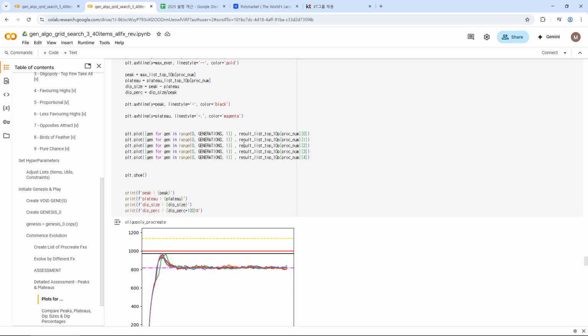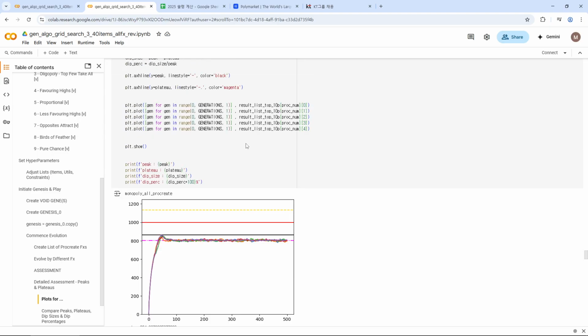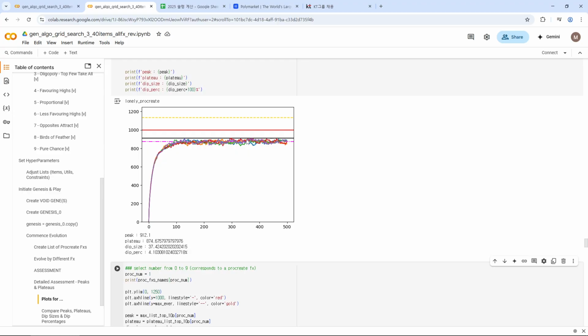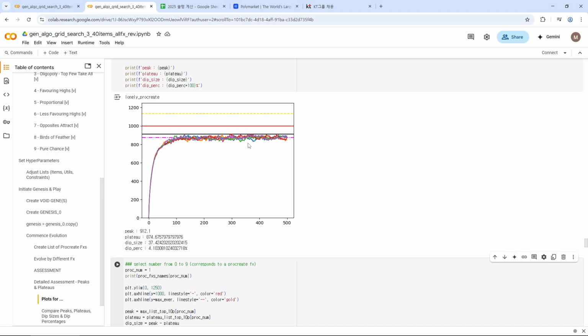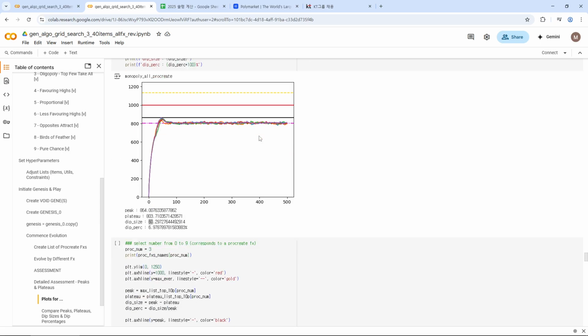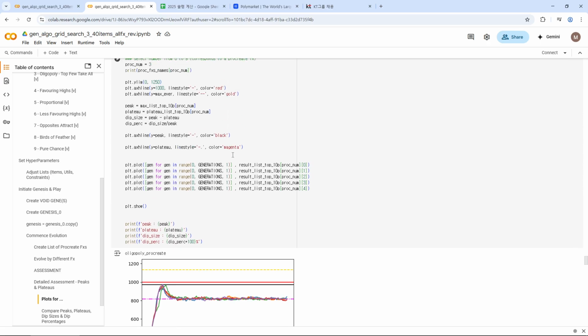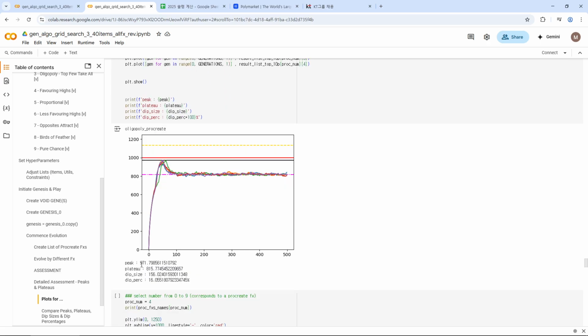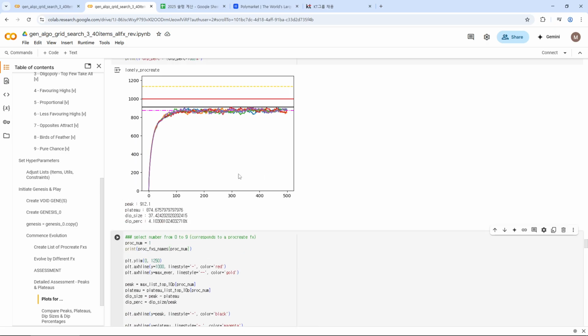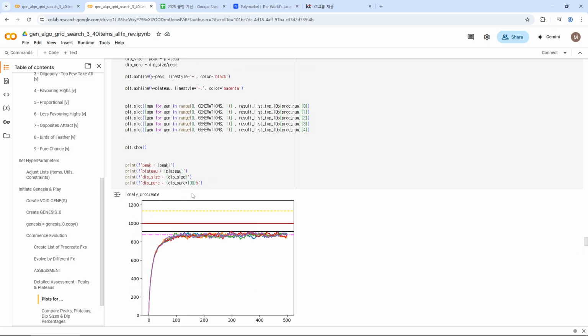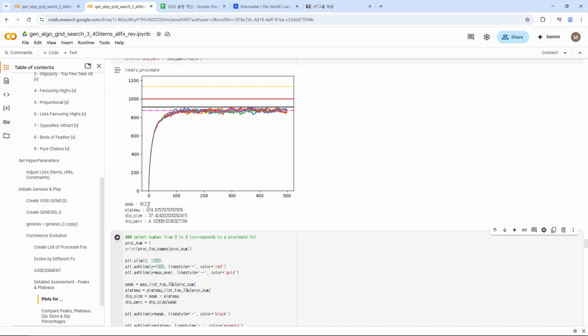So the third plot, or is it the fourth? Yeah, it's the fourth one. The fourth one is for the oligopoly procreate, where parent 1 and parent 2 are chosen from the top 10% entities, and the peak is at 971, so that's higher than 945 or 912 from here, which is kind of surprising.